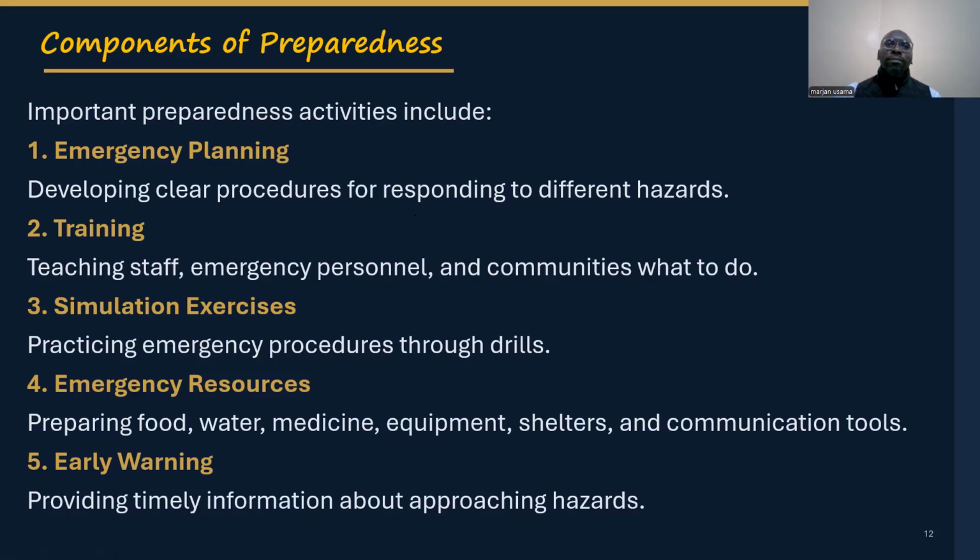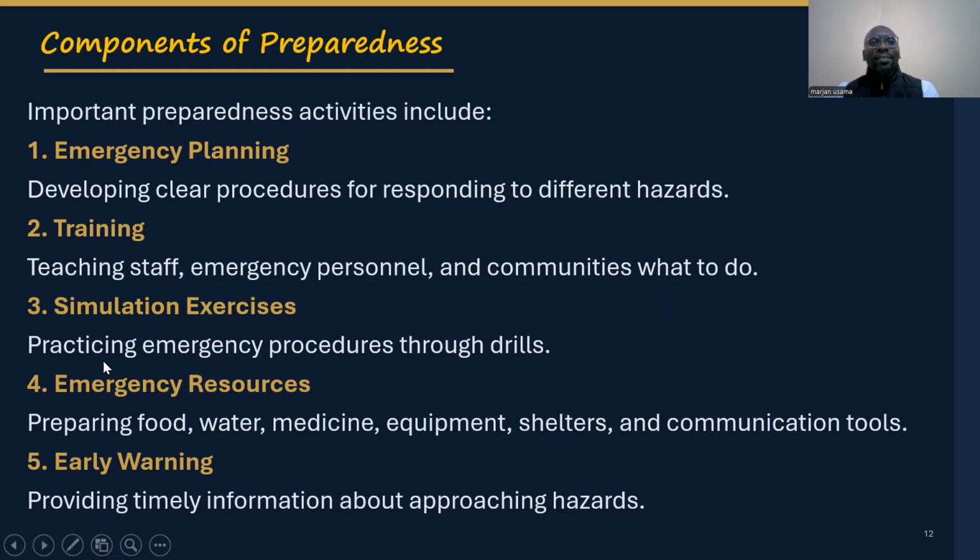Number 2, training. This is all about the teaching staff. We need to have teachers who are going to train people. Emergency personnel, the doctors, the nurses, they also need to be trained how to behave, how to react during disaster. And communities, the community also, we need to educate the people in the community so that they know what to do during disasters.